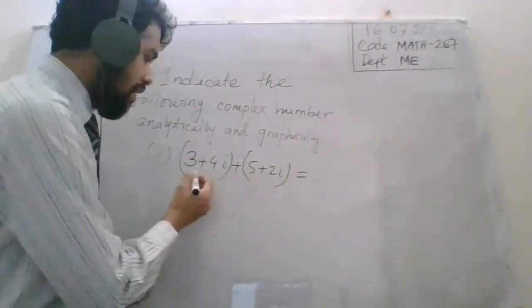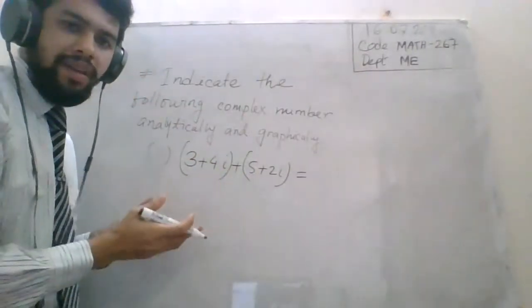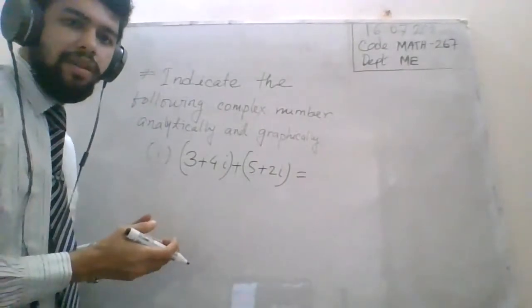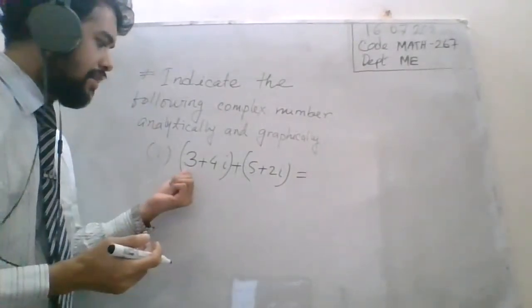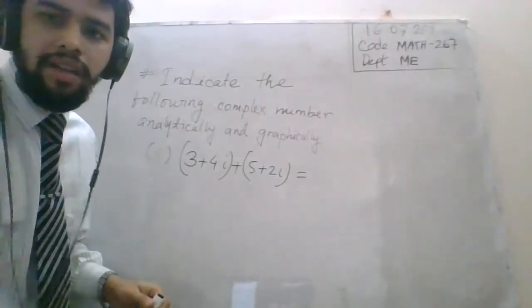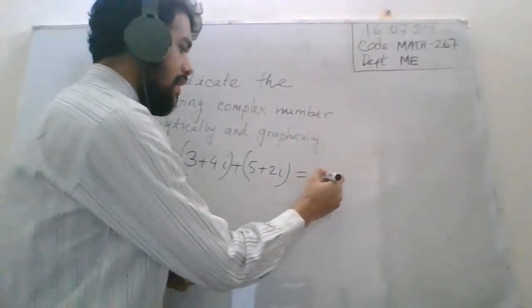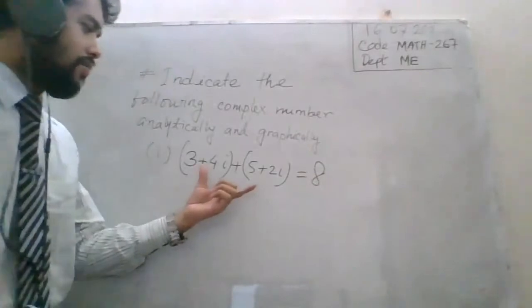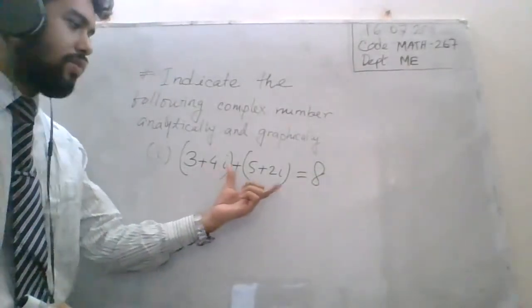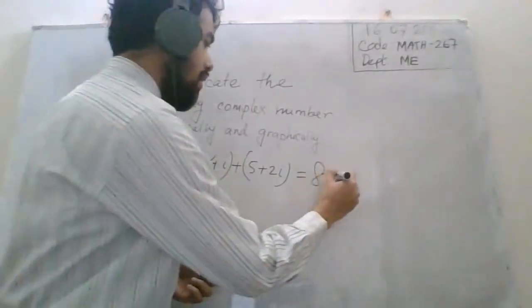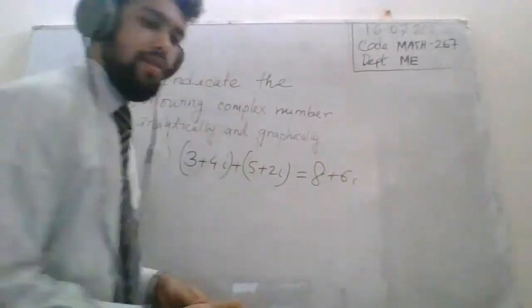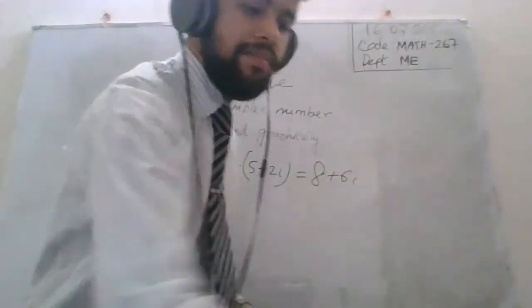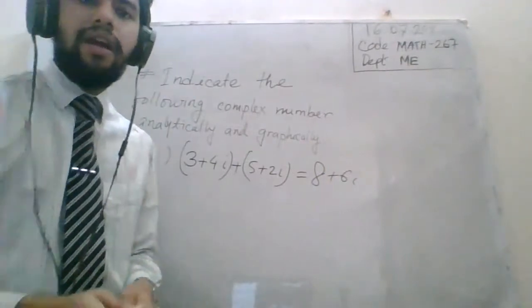All of you know the law of addition of these two complex numbers. Add 3 and 5, you get 8, and for 4i plus 2i, you get 6i. This is the analytical part.